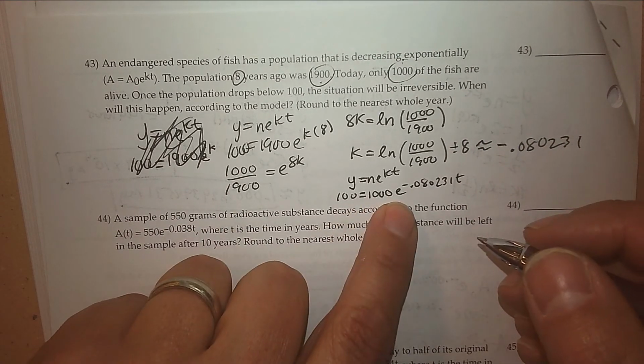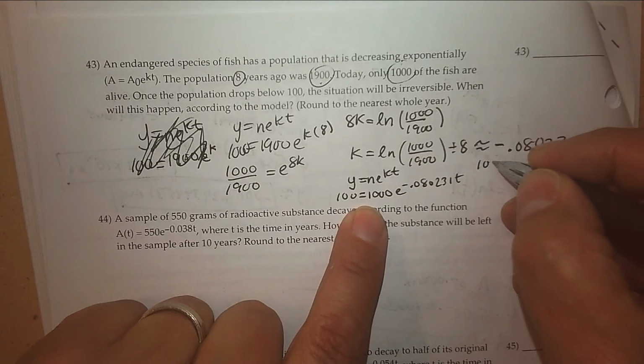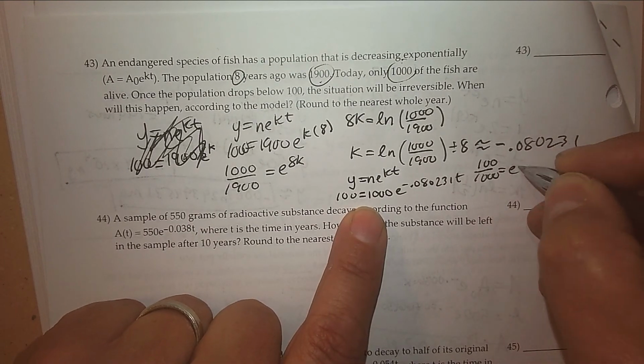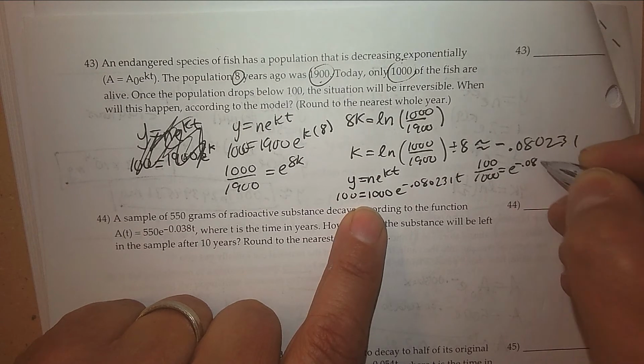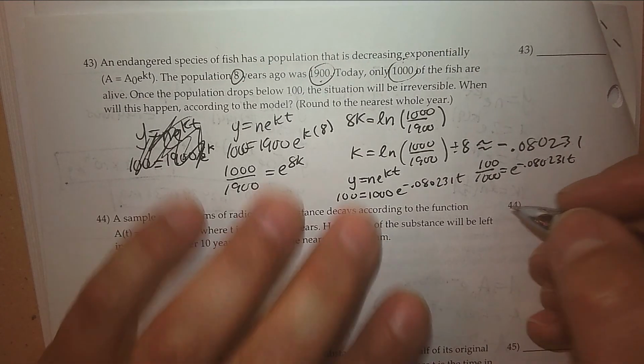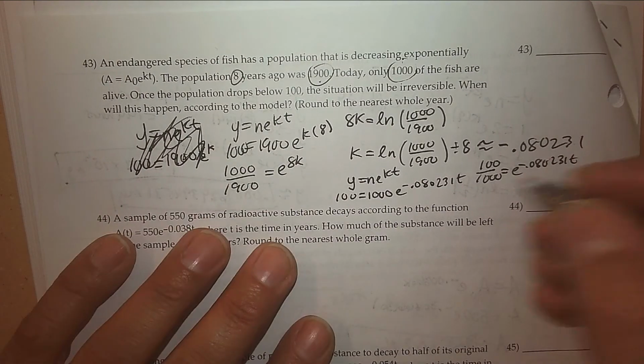So to get e by itself, I'm going to divide. So I have 100 divided by 1,000. To get t by itself, we're going to write it as a logarithm.